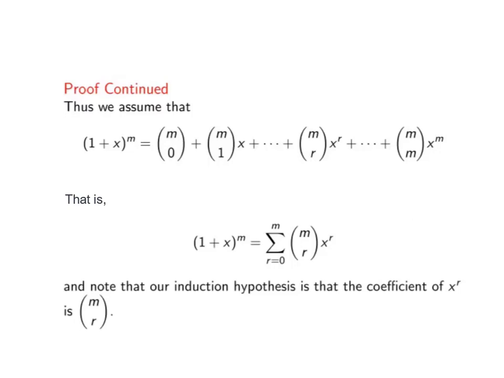We write more formally with this summation symbol, the binomial expansion of (1 + x)^m equals the summation of all the terms with general pattern m choose r times x^r, where r starts from 0 to m. We'll notice that our induction hypothesis is that the coefficient of x^r is m choose r.